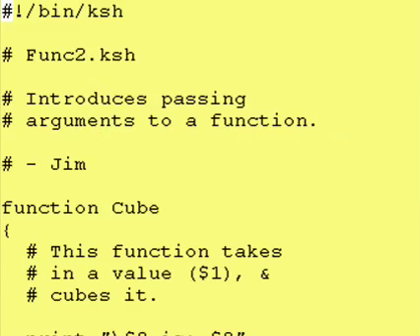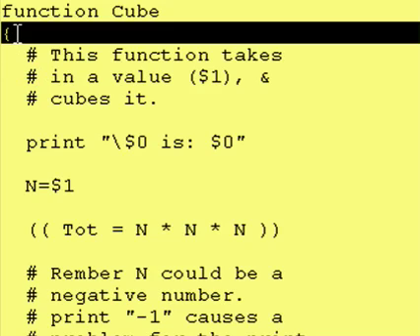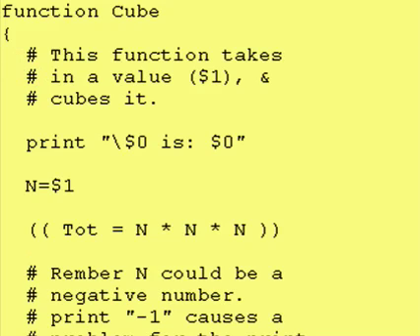So going up to the top, we're introducing arguments to a function. And this is our function right here. We start out with the Korn Shell command function. We give the function a name, and anything within the curly braces is equivalent now to the word cube in this program.